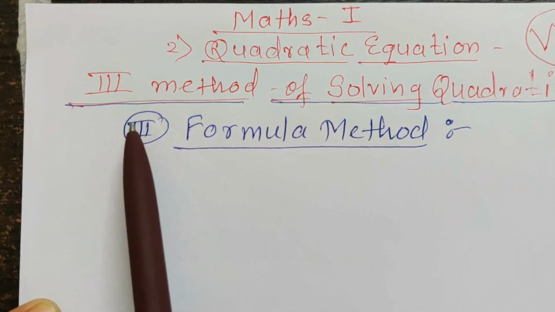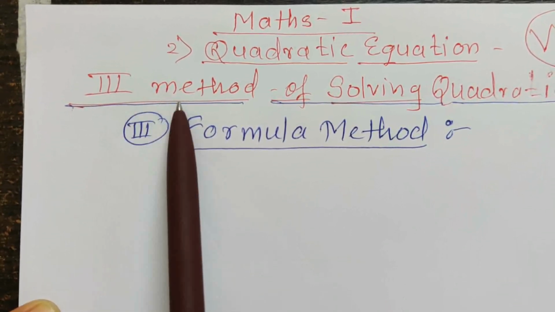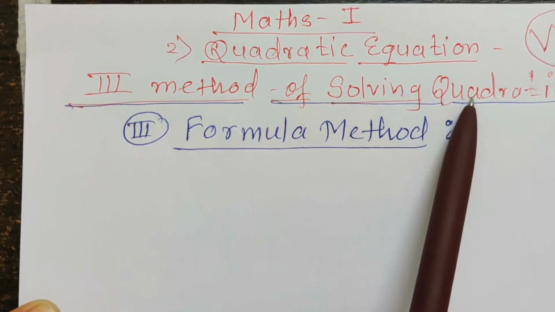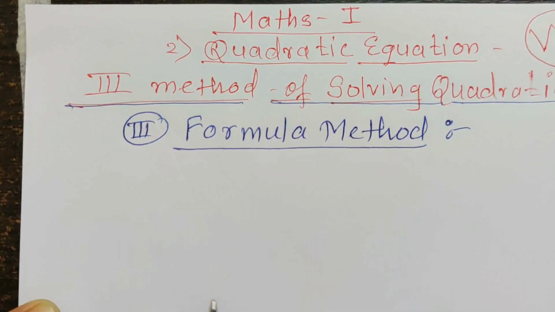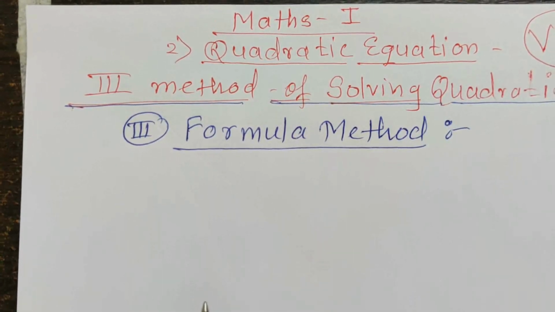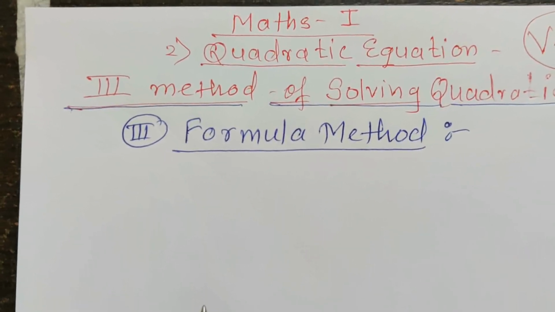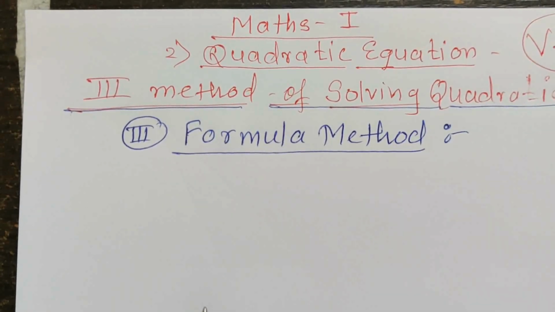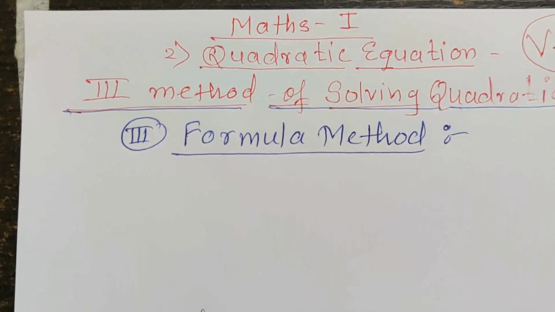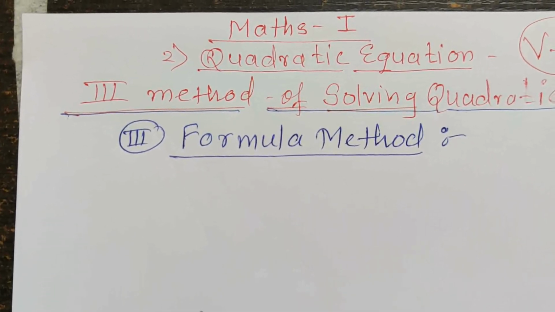Here in this video we will see the third method of solving quadratic equation. We started the new point of this lesson, that is methods of solving the quadratic equation. The first two methods I explained to you, that is factorization method and completing square method.